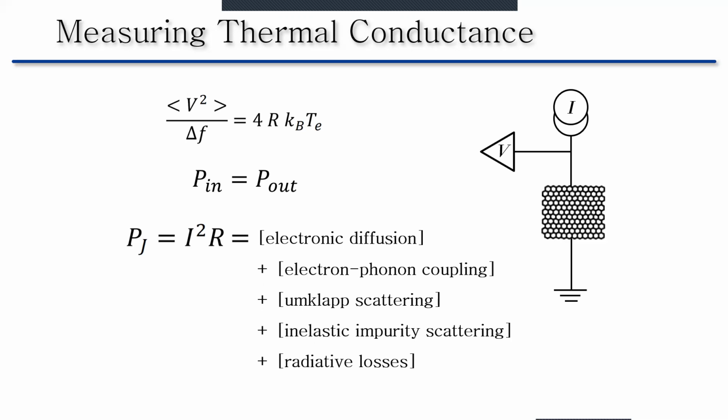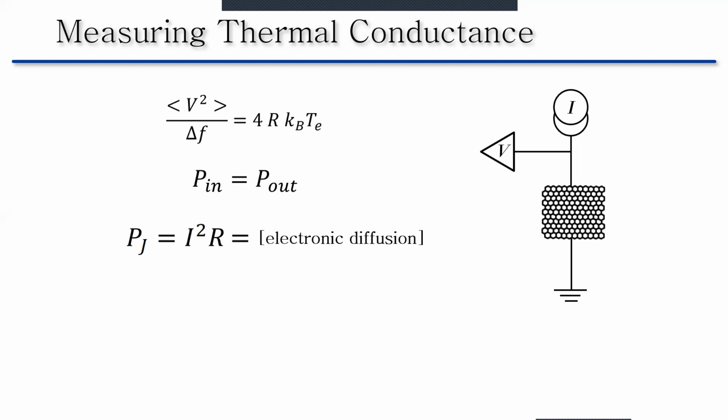But what happens if that resistor is a piece of graphene? This is where yet another amazing property of graphene comes in: there's a large temperature range where electronic diffusion entirely determines the energy loss. In other words, the electrons gain energy by accelerating in the electric field, and they lose it only once they exit the graphene and head off into the bulk metal, which is thermalized at some cold temperature.